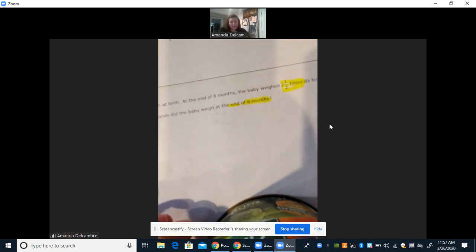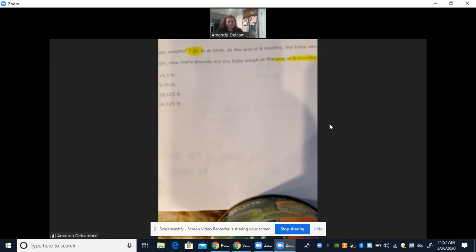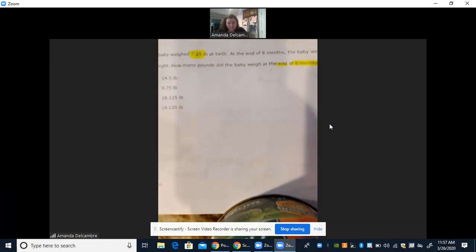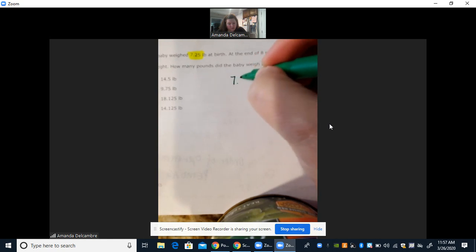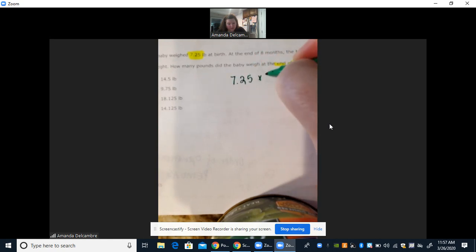The operation is multiply. So I'm multiplying some rational numbers, 7 1/4 times 2.5. Well, something's wrong here because I've got a decimal and a fraction. I've got to do something.